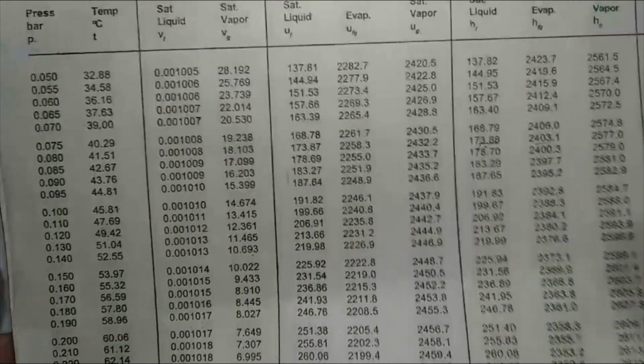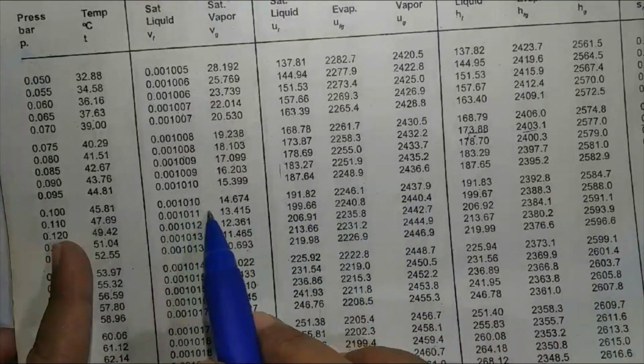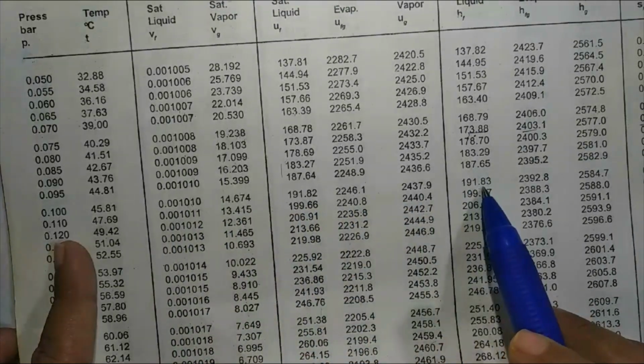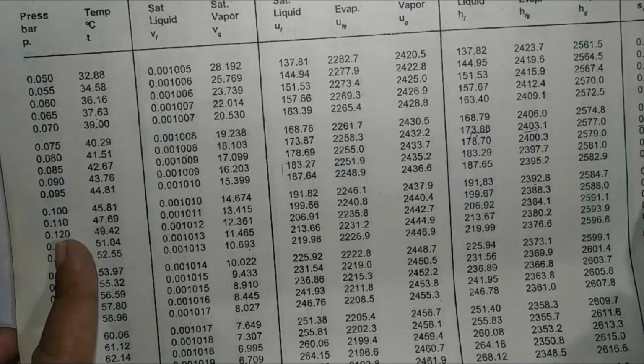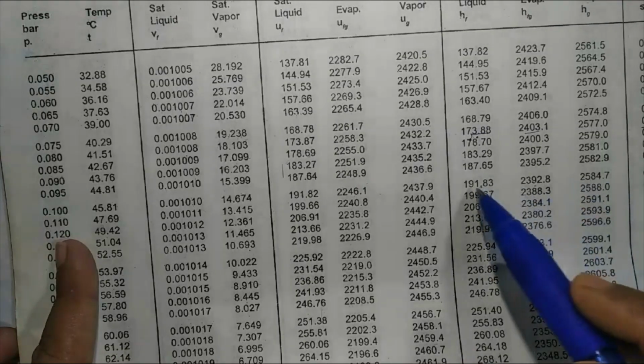So see, here it is the 0.1 bar. For 0.1 bar, what are the corresponding properties? So see, this is enthalpy HF, HFG, SF and SFG. These values we will write down from here.